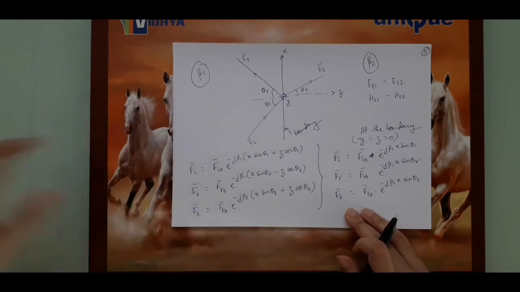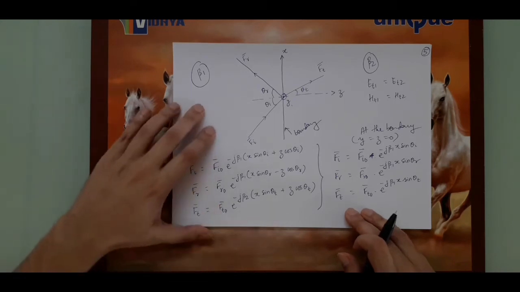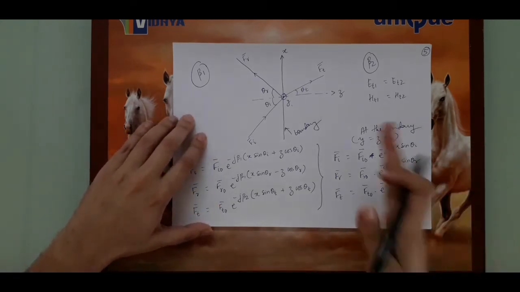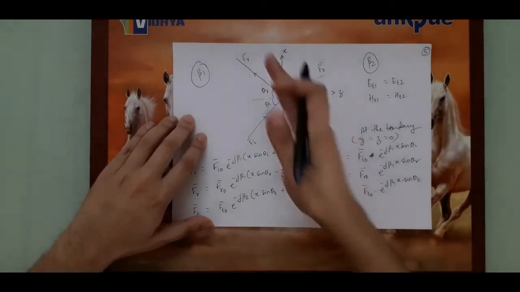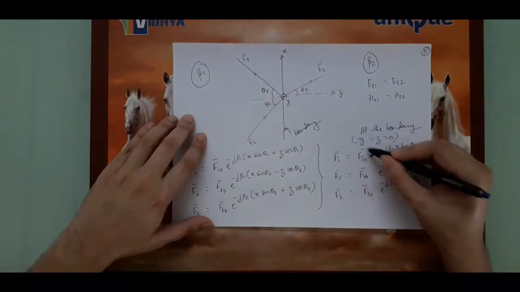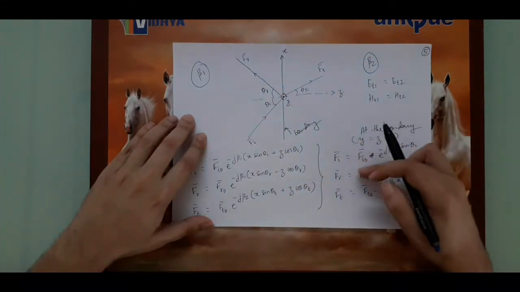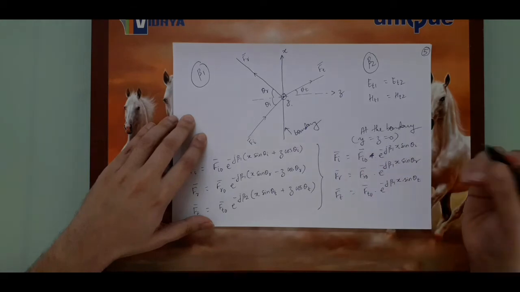So the tangential components are absorbed in the F0 vectors.